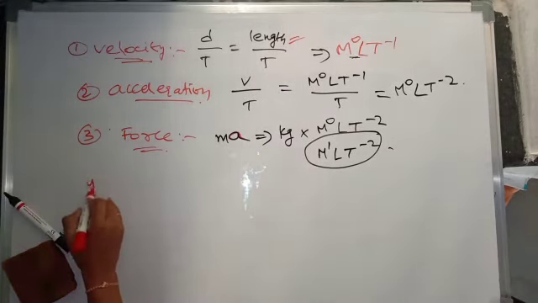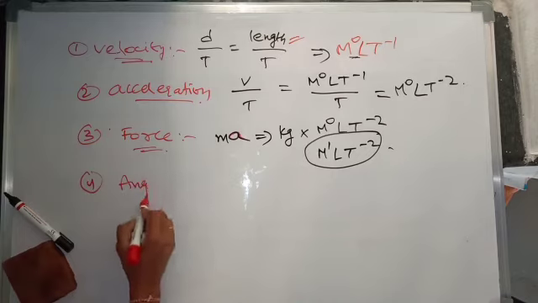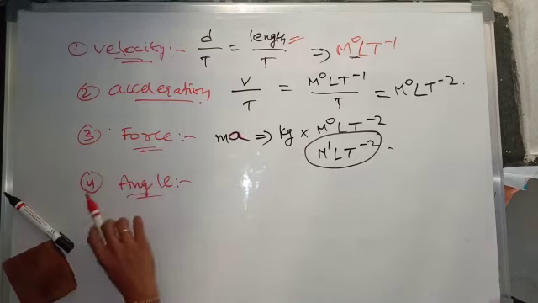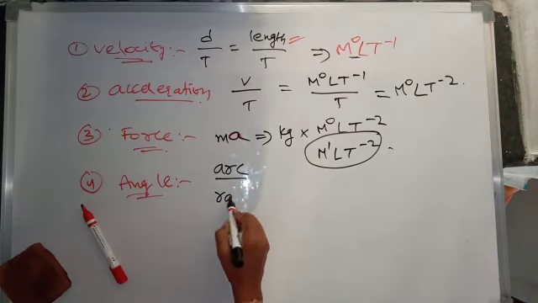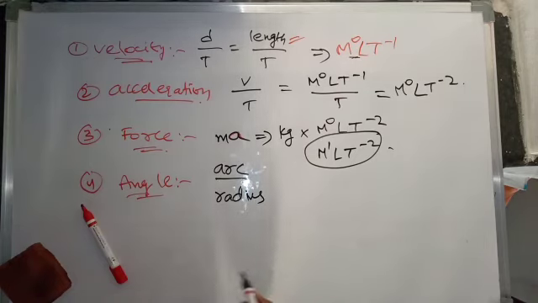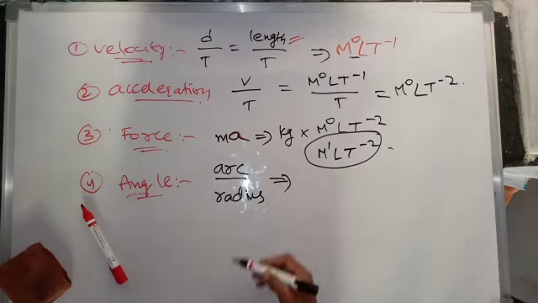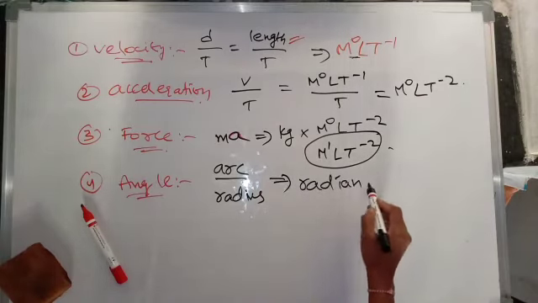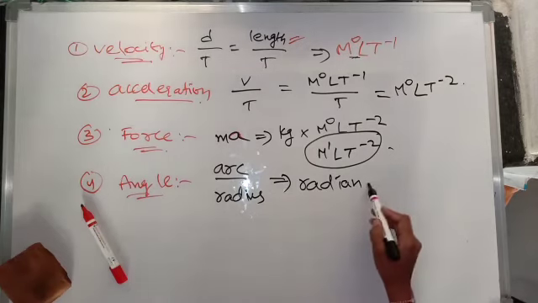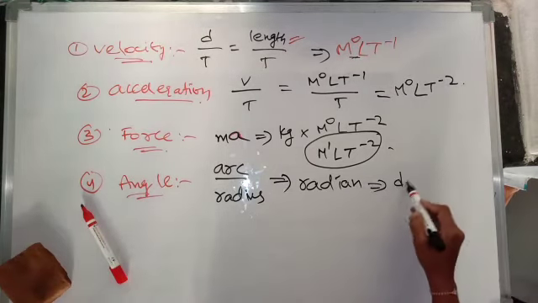And the fourth one, angle. The expression for angle is arc per radius. The unit for angle is radian. It's a dimensionless quantity.